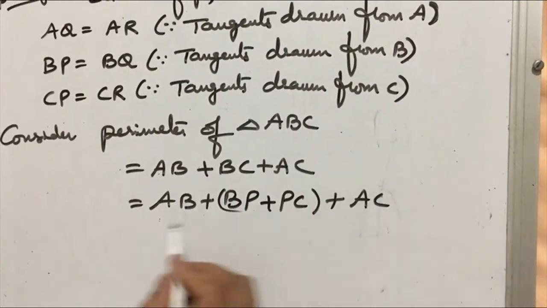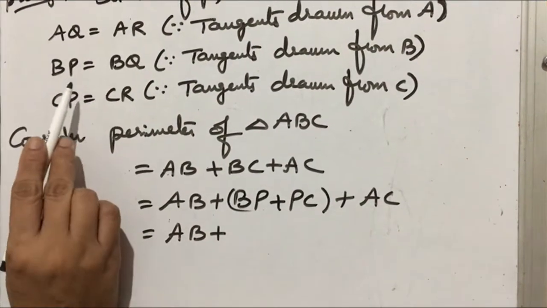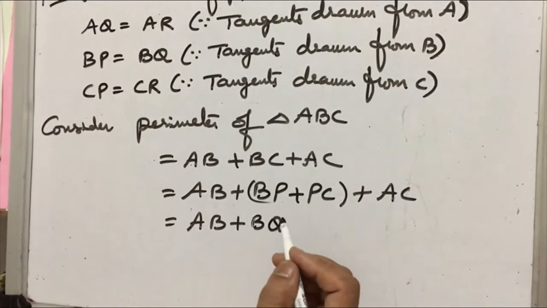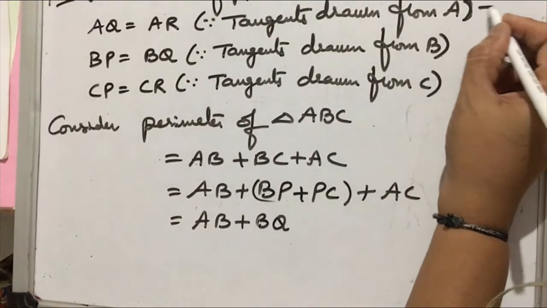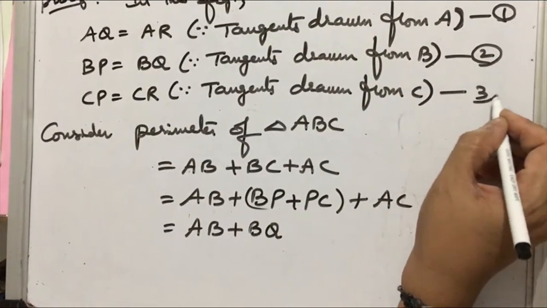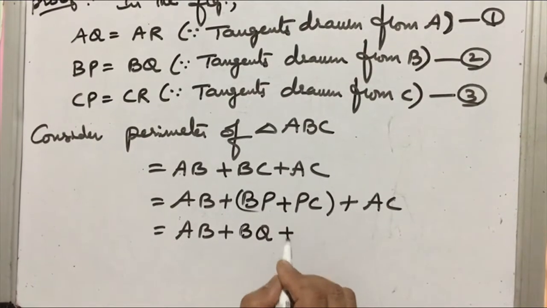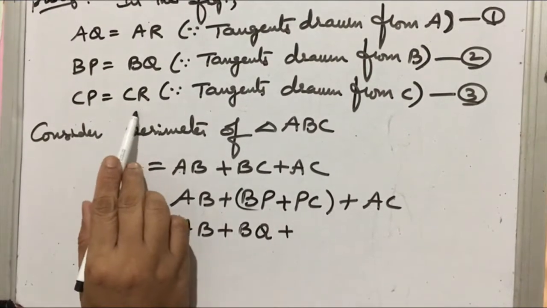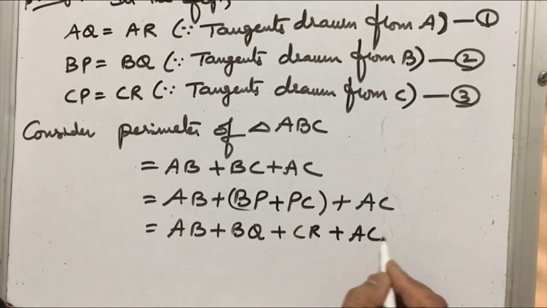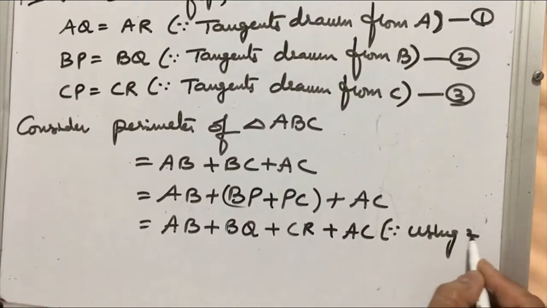AC is left out. Here AB plus BP, can I write BQ? Yes, you can write it. So name this one as equation 1, this is equation 2, this is equation 3. So that I am using the result of equation 2. And PC is nothing but, in that place you can write it as CR, plus AC. So in the bracket I am writing using the results of equations 2 and 3.